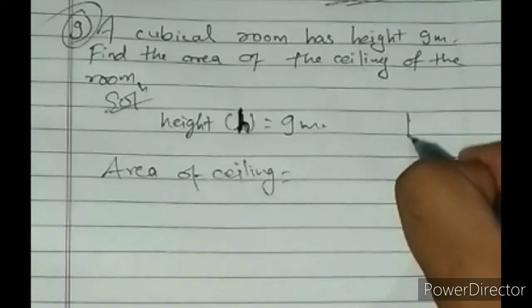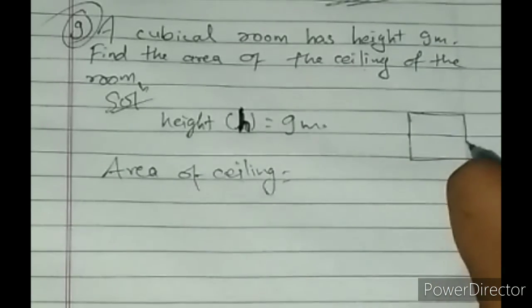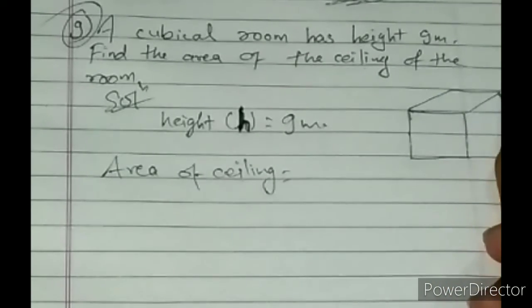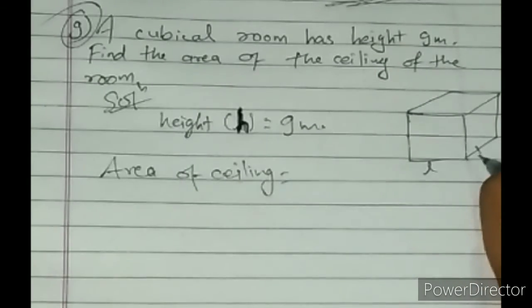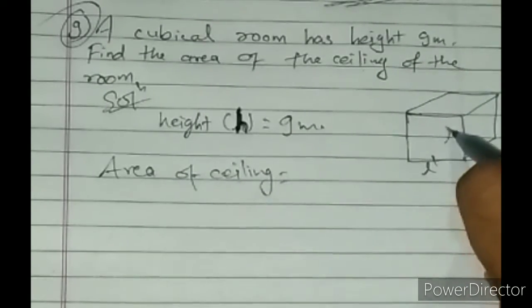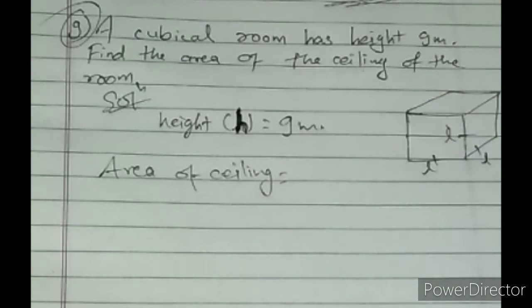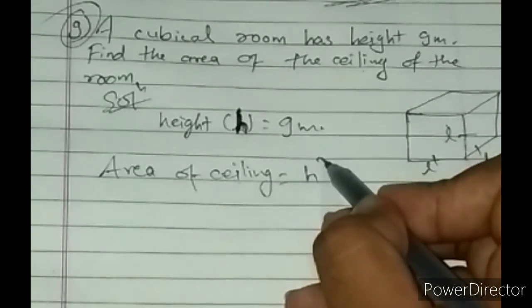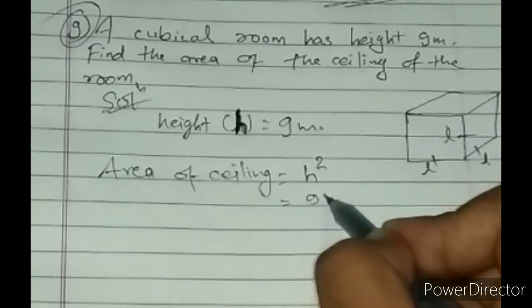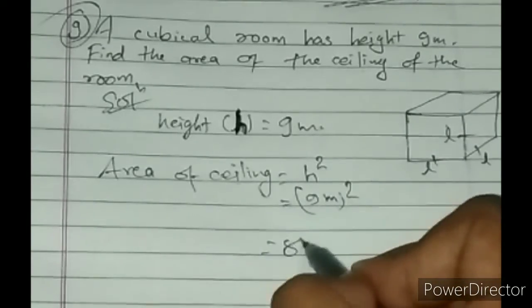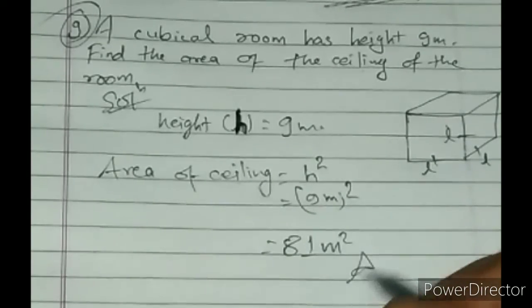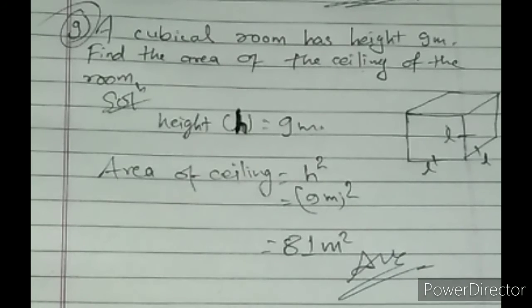If the room is cubical, then length, breadth, height all are same. Length, this is also L, this also L. So height also is length. So we can use L square. So H square, 9 meter square, that is 81 meter square is the area of ceiling.